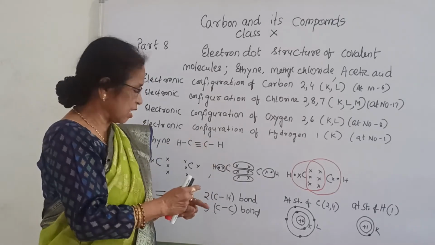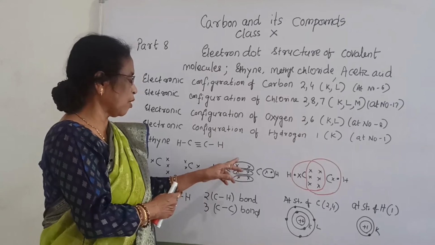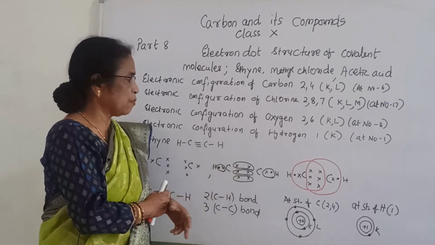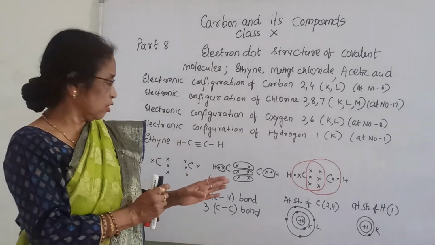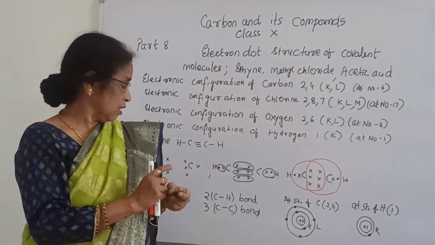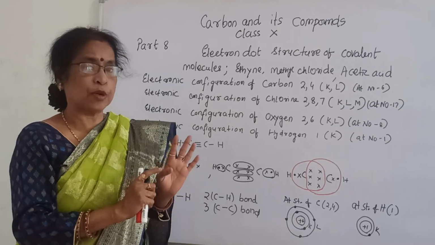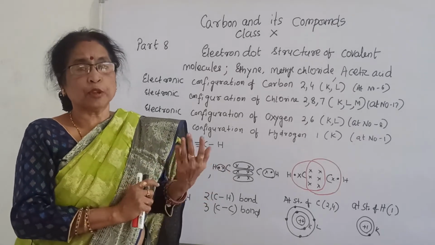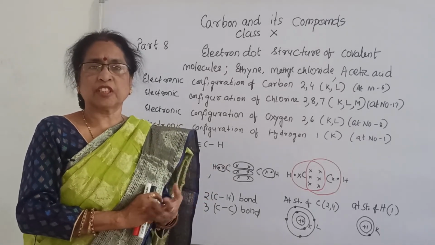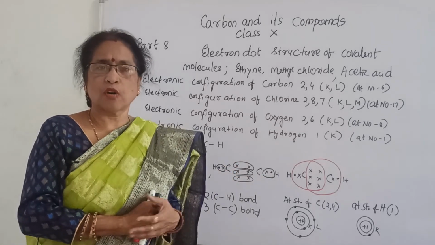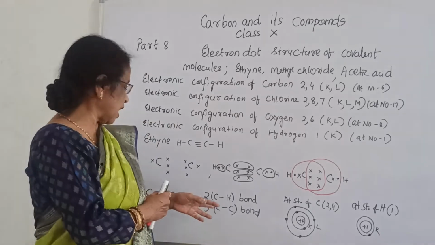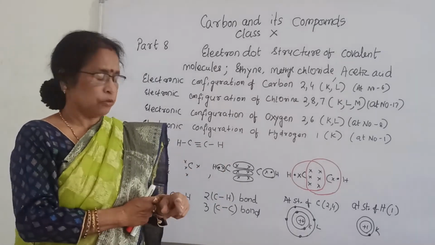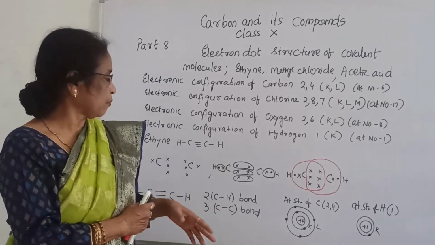Between carbon and carbon, 3 bonds: 1, 2, 3. How many total bonds? 5 covalent bonds. If the question asks how many covalent bonds are present in ethyne, you can say 5. The types are 2 CH and 3 CC.